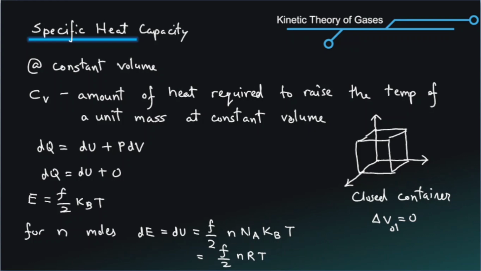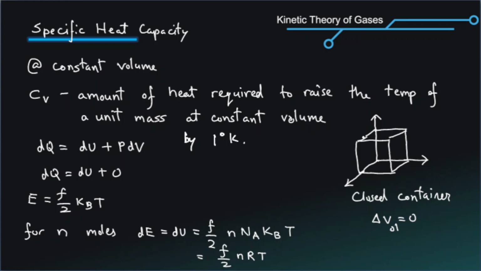That's the better use. So when it is at constant volume, that means specific heat capacity is the amount of heat required to raise the temperature of a unit mass at a constant volume by 1 degree Kelvin.